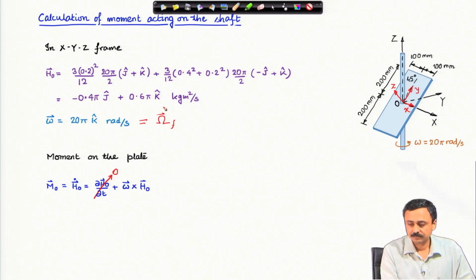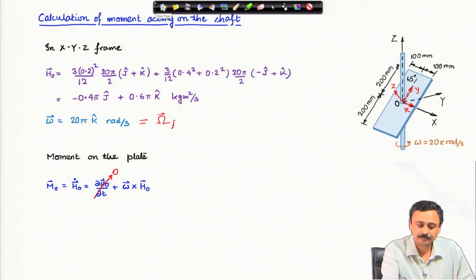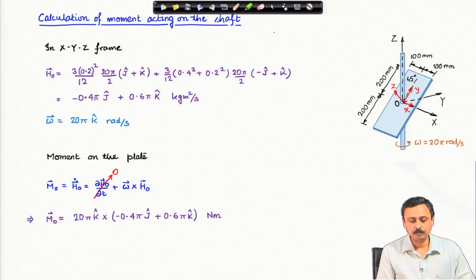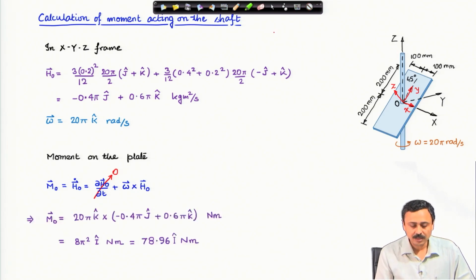The moment on the plate, that is M O, is the time rate of change of angular momentum of the plate about O, and we follow our prescription of taking the time derivative, del t of h O, which is the local derivative as seen by an observer fixed to the XYZ frame and rotating with it, plus omega frame cross h O. Omega frame is the same as omega of the shaft, therefore it does not make a difference, and if you plug in these expressions of omega, this is the moment, 78.96 I cap Newton meter.